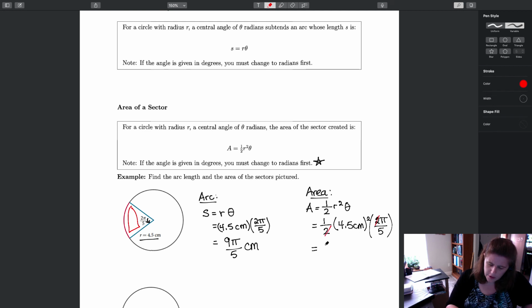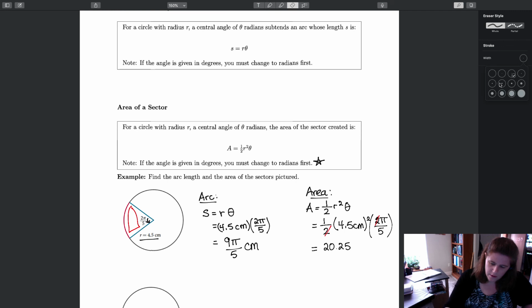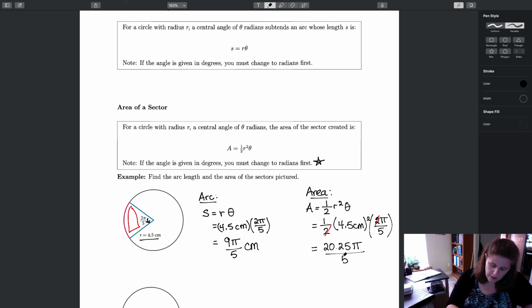I can cancel these 2's. 4.5 squared is 20.25, and we still have pi over 5, and we're in centimeters squared. 20.25 divided by 5 is 4.05, so 4.05 pi centimeters squared for our area.